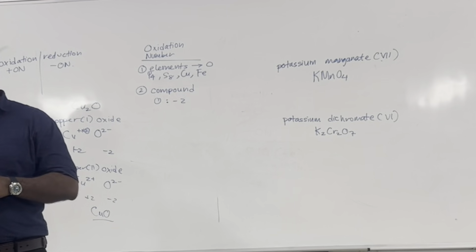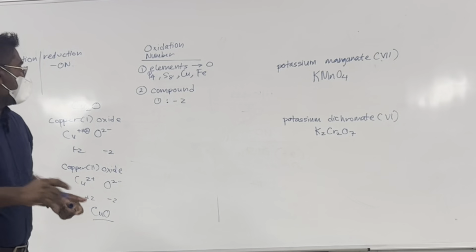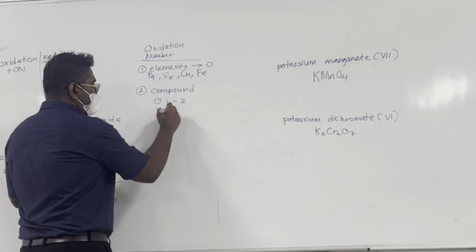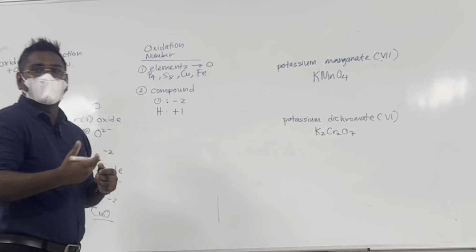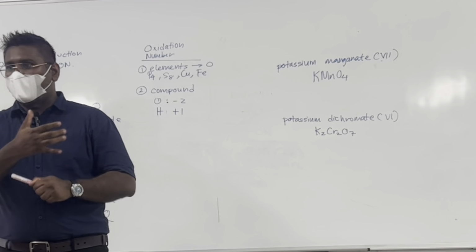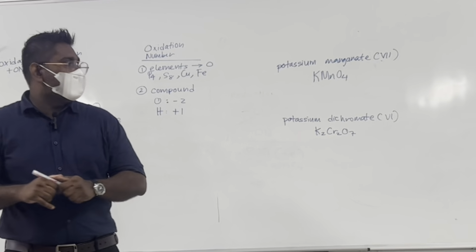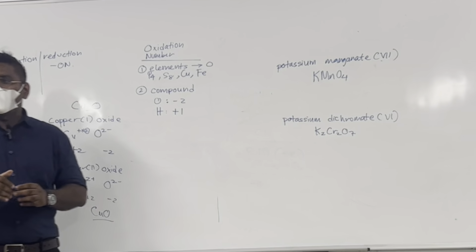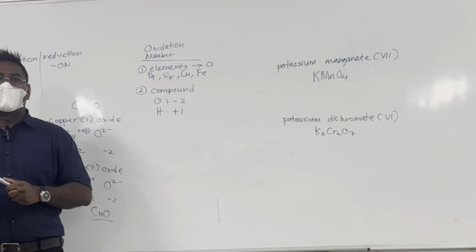I'll come into the exceptions later. Remember, oxygen in a compound is -2. Hydrogen in a compound is +1, always. But there are some exceptions. I'll come into that later. But generally when you see hydrogen in a compound, they are +1.